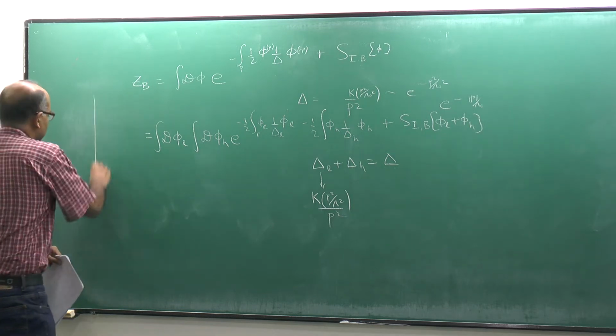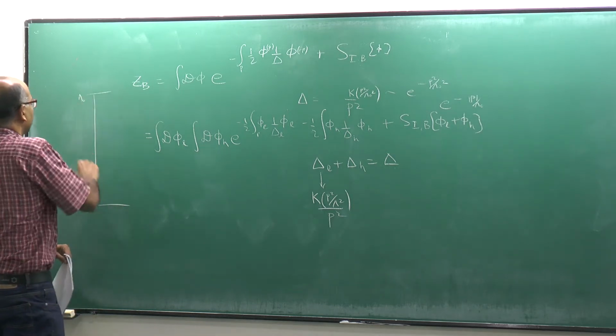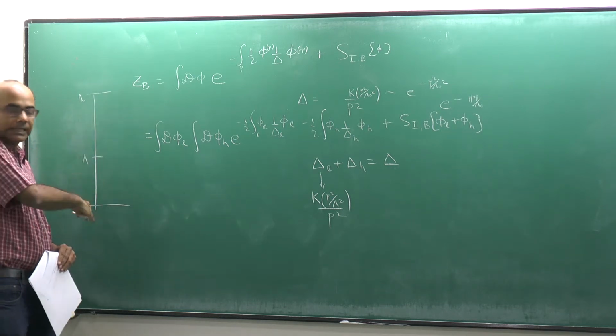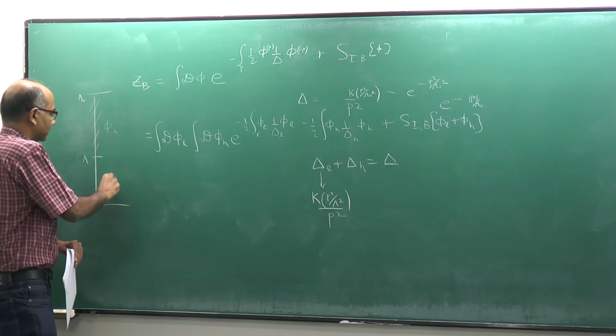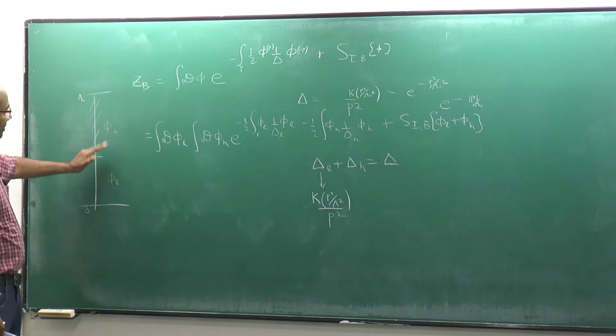So what we're doing is we have 0 to lambda naught, then we have a lambda which is a moving scale, and you're integrating out these modes. This is basically your phi. But remember that it's not a sharp cutoff.